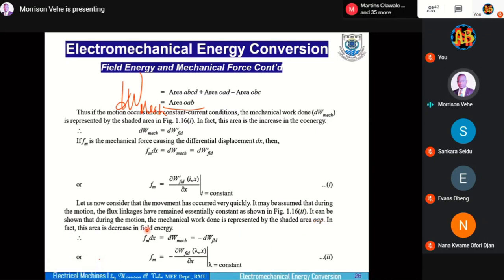It will be an area representing the decrease in the field energy for this situation. Because of that, we would have to keep lambda constant and then partly differentiate the displacement. In this case, if you like, our current.